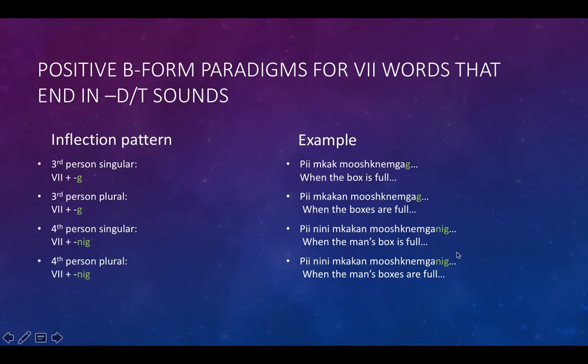Again, you can only tell that one is singular or one is plural based on context with the speaker. So we have P nene mkakan moshnemganig, meaning when the man's boxes are full. So again, those fourth person singular and plural are pronounced the exact same way. Moving on.